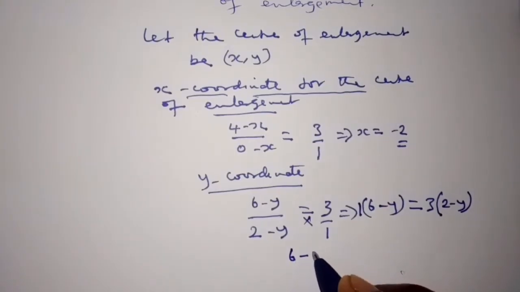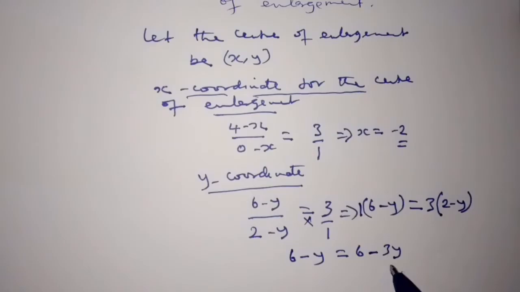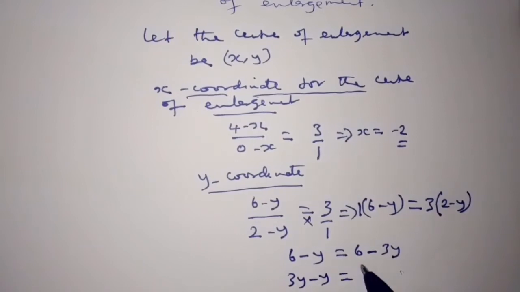6 minus y is equal to 6 minus 3y. We can bring negative 3y this other side. It becomes positive. 3y minus y is equal to 6.